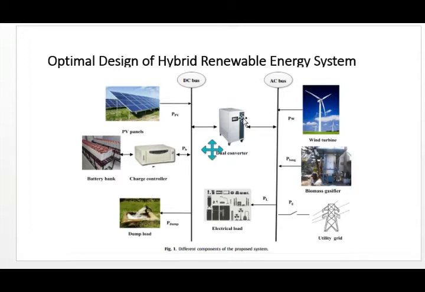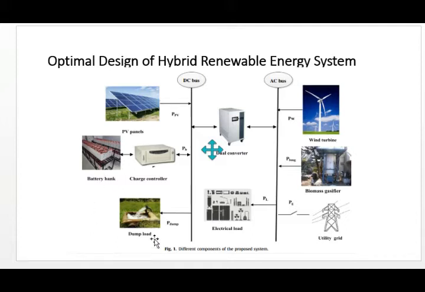And this is the dual converter that will be converting AC and DC to each other. The charge controller is only controlling these battery banks, the charge of these battery banks, and there may be a dump load, maybe a pumping station in case of off-grid, because in an off-grid system, if you have a dump load, a deferrable load, it will be very beneficial.